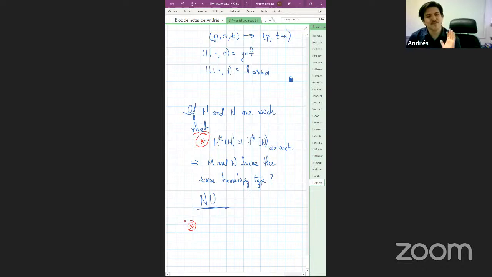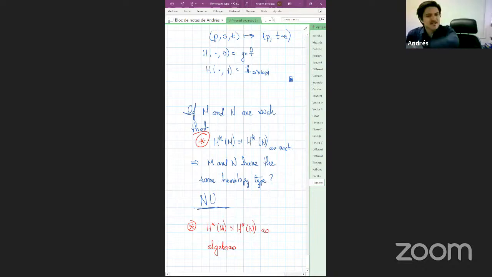Right now, I'm just focusing on the linear aspect of cohomology. But remember that we have a product, the wedge product.